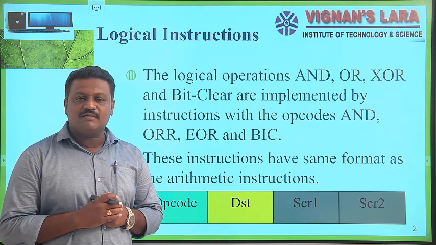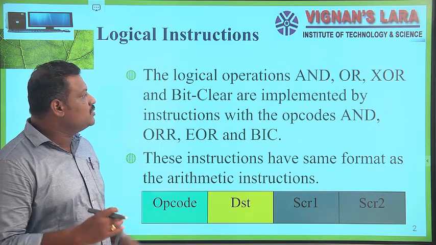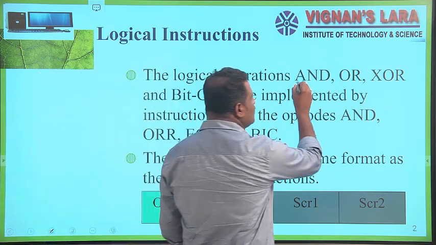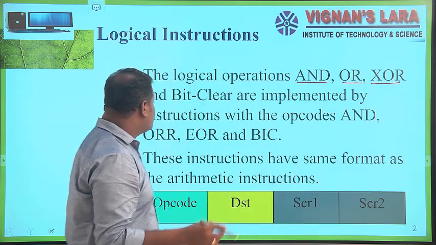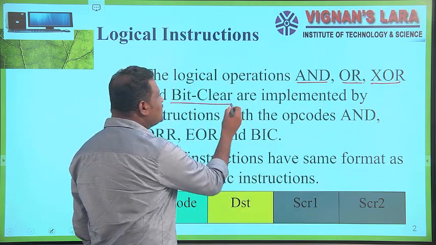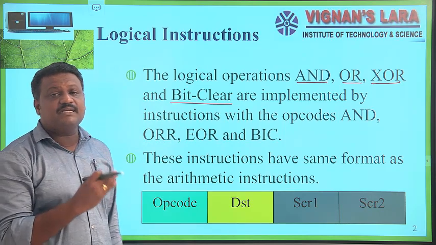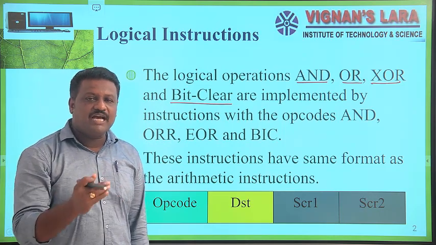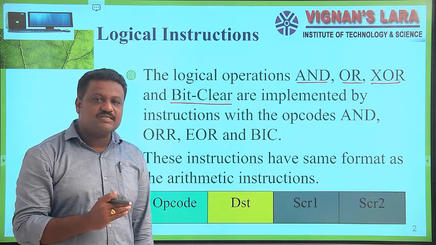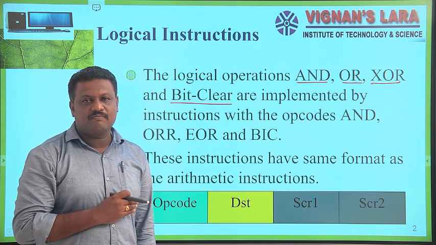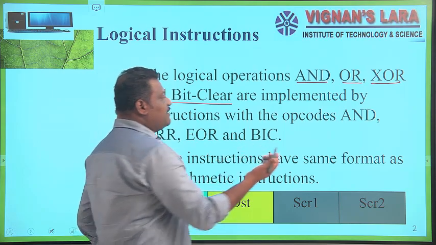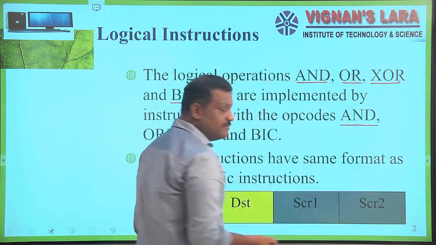To do a logical AND, logical OR, logical XOR, as well as bit clear, we have dedicated instructions present in the instruction set of ARM processor. To do logical AND, we have the instruction AND.